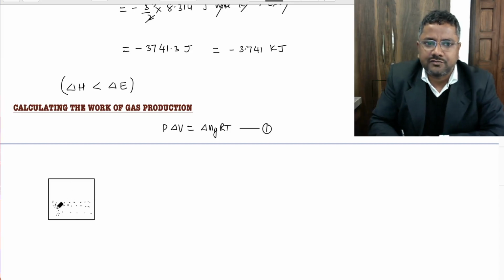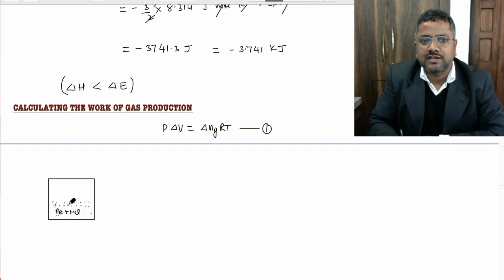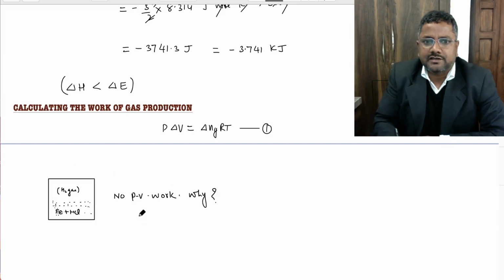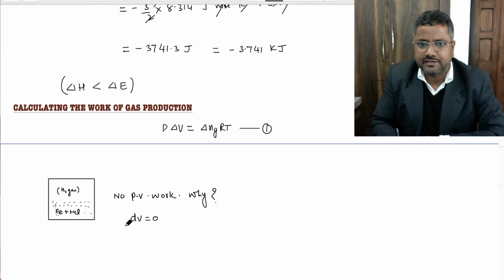Suppose that if we are taking here Fe plus HCl, so hydrogen gas is released from here, but the volume is constant, so there is no PV work. So no PV work. Why no PV work, right? So the question arises why? Because in this case dV is equal to 0, volume is constant, right?